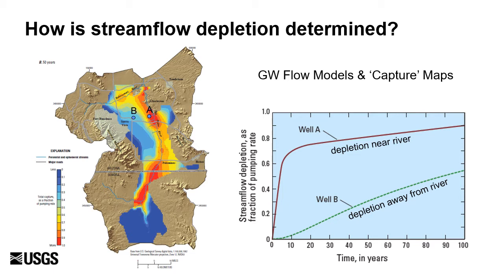In this particular example, I have two wells. Well A is near the river, and it has a much more rapid response, or you could say that stream flow depletion occurs much more quickly in time. Whereas for a well further away from the river, or in a unit that's tighter and has less permeability, the time to capture takes a lot longer. And so you get a more subdued stream flow depletion curve, like shown right here for well B.